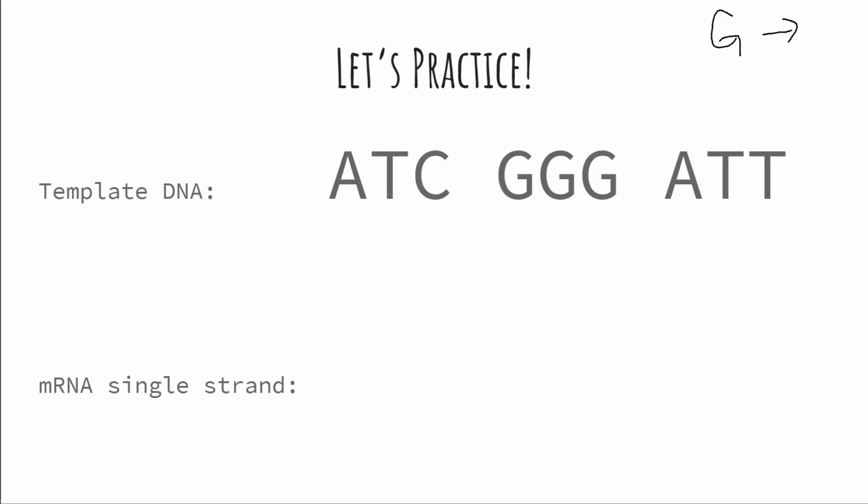G still pairs with C, and vice versa. C still pairs with G. However, if you see an A in DNA, it now pairs with a U in RNA.